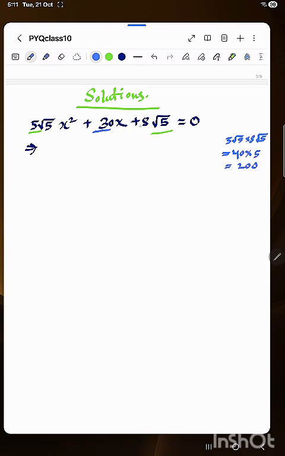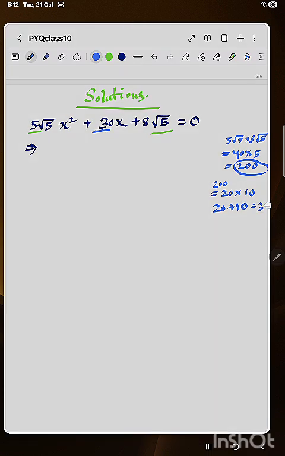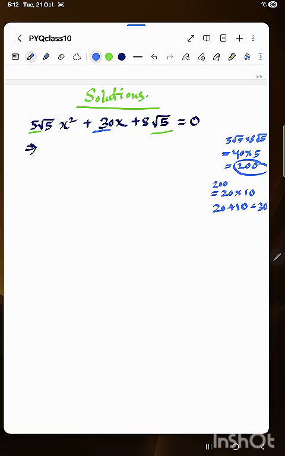Because there is a plus sign, we have to factor 200 in such a way that we get 30. So 200 equals 20 into 10, and also 20 plus 10 equals 30. So I can write 20 plus 10 here.